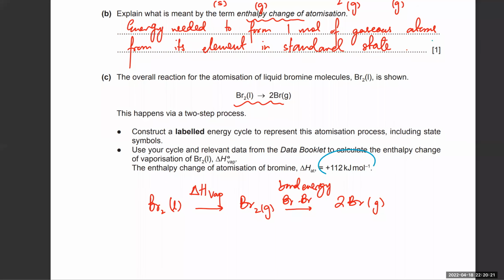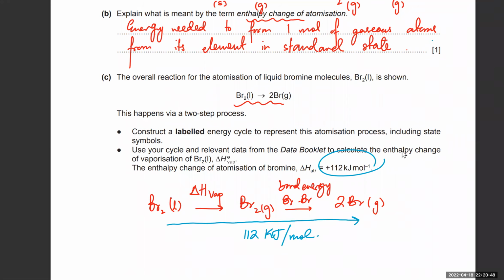The value is 112. So this entire process, starting from Br2 liquid and ending up with 2Br gaseous, is 112 kilojoules per mole. And the Br bond energy is also given in the data booklet.